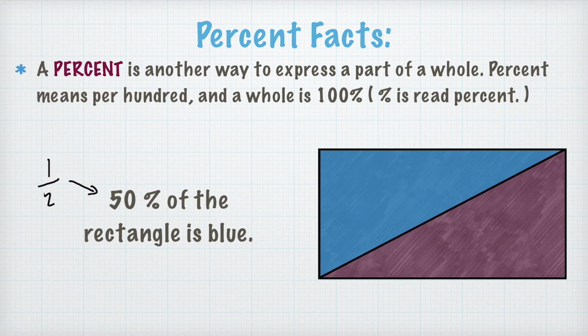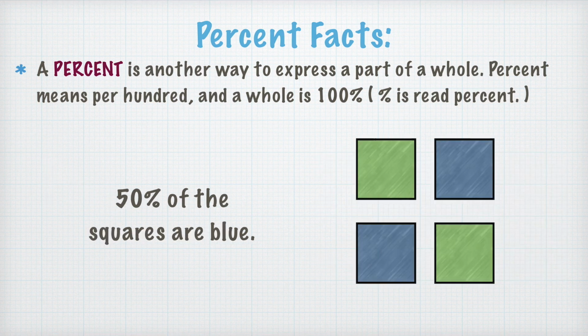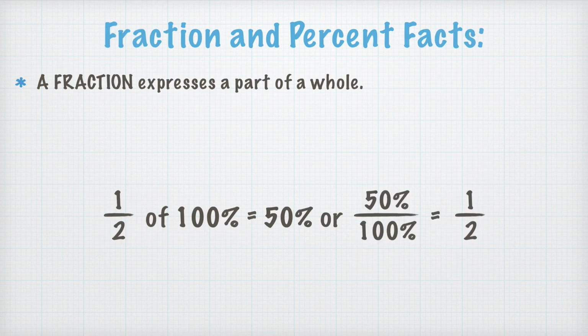So 1/2 is going to be equal to 50%. Same with our squares: 50% of the squares are blue. Why? Because half of them are blue, right? 50%. We have to make sure we correlate these.